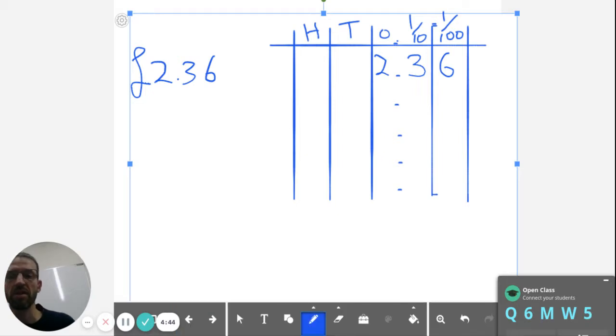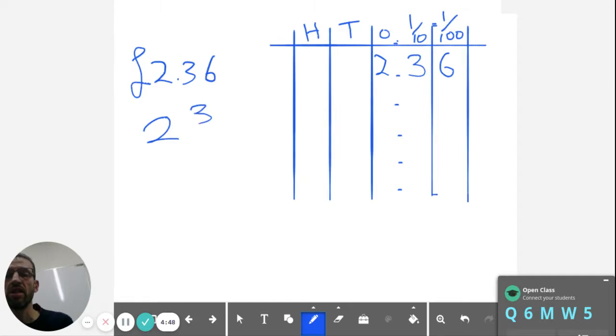Let me get my pen back. Here we go. So it's 2 whole ones. It is 3 tenths and 6 hundredths. So that's another way of writing the same number. 2 whole ones, 3 tenths, and 6 hundredths. Okay.